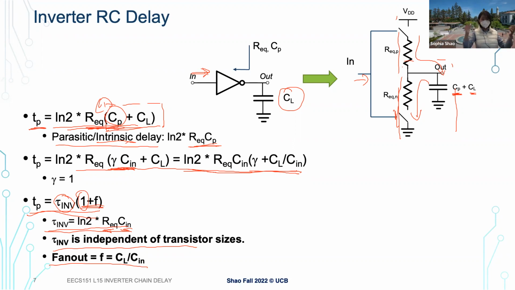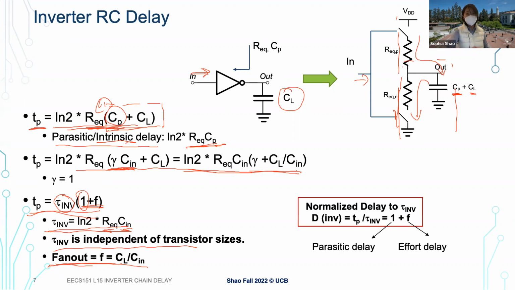The delay, of course, is related to the intrinsic property, the parasitic capacitor that we have. But the very important part is this fan out. It depends on how big, how complex a circuit we are driving, and that complexity also dictates the delay. That's what this fan out part does: the ratio between load capacitance, which is what we're driving, and the input capacitance, basically the intrinsic capacitance of our circuit.